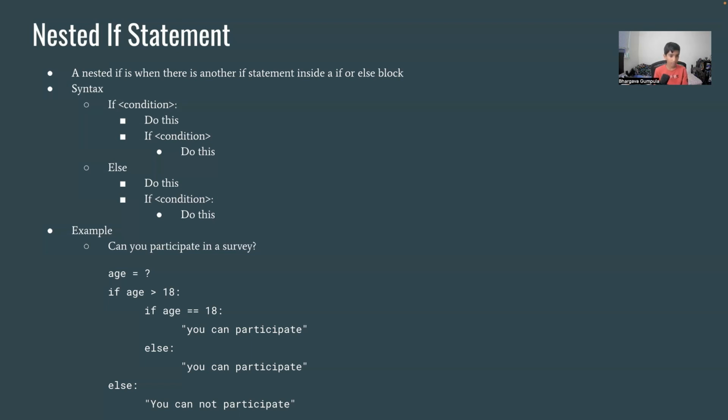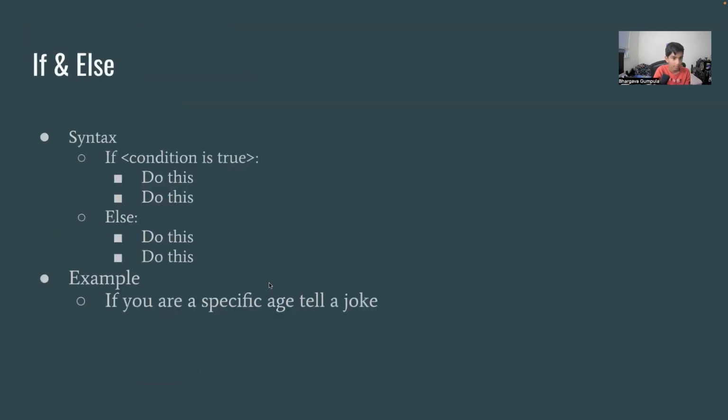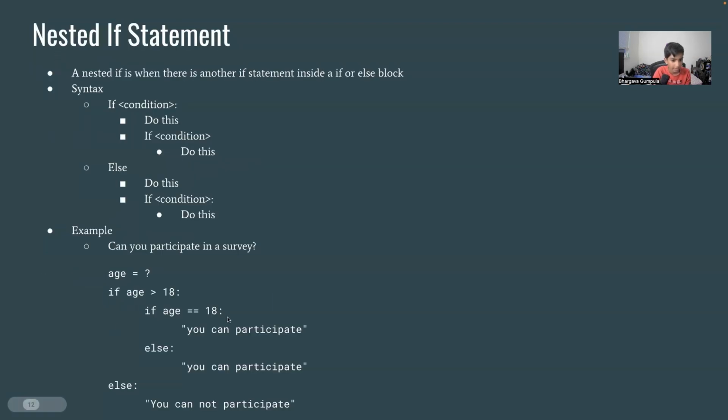Another example is, let's say there's an if statement here, up here, if age is greater than 18, but inside of that there's an if again, and it has an if else pair inside. So basically it does that. Right now it's choose an age, any age.